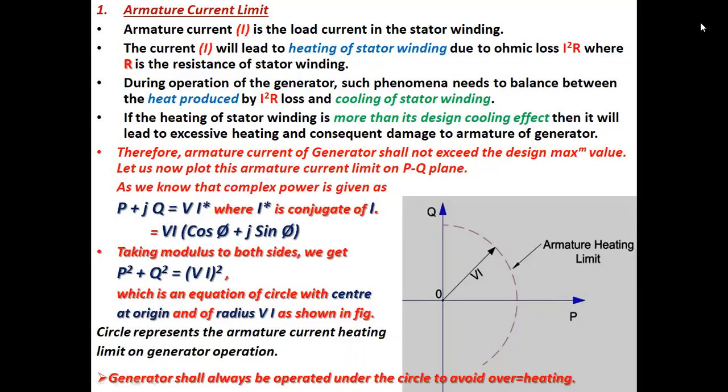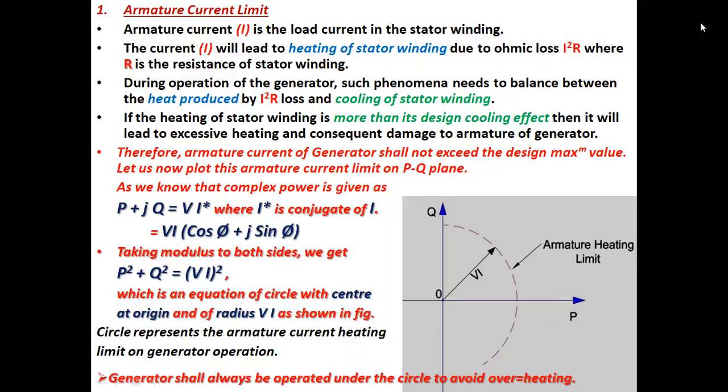If the heating of stator winding is more than its design cooling effect, then it will lead to excessive heating and consequent damage to armature of generator. Therefore, armature current of generator shall not exceed the design maximum value.